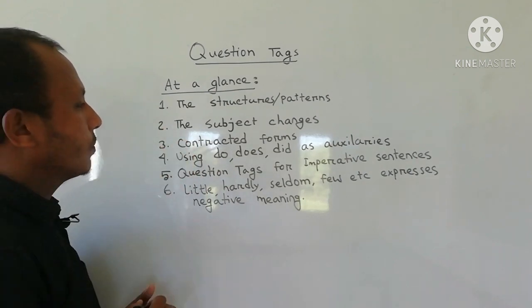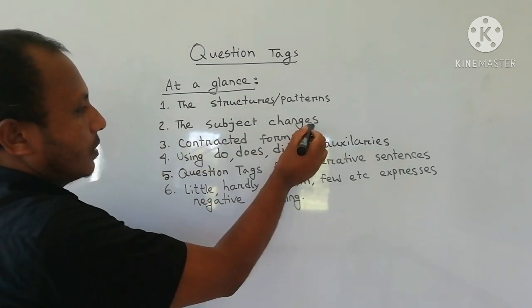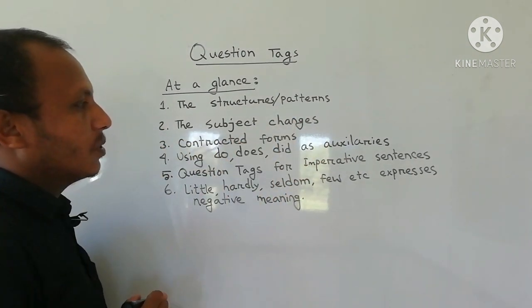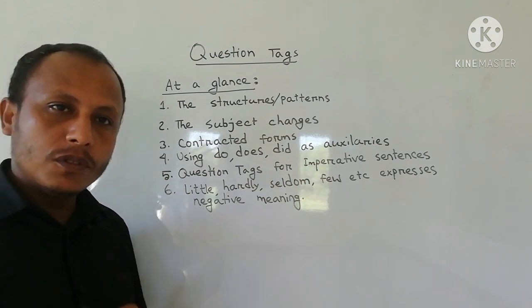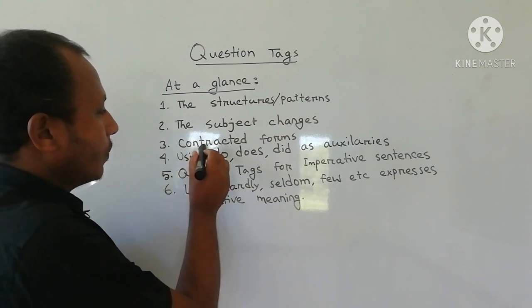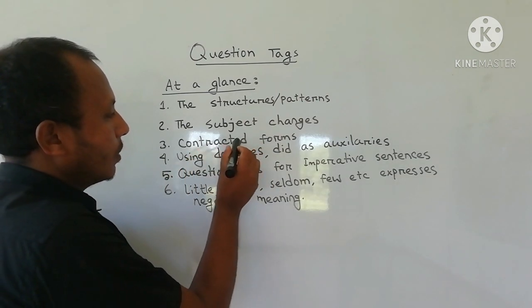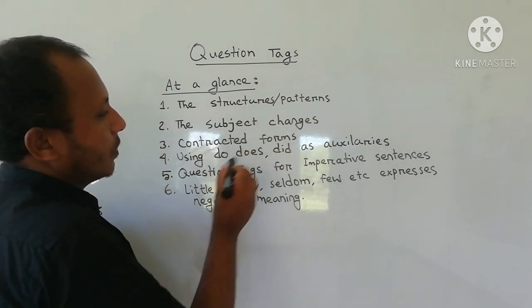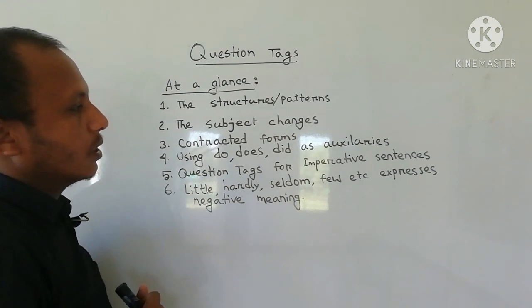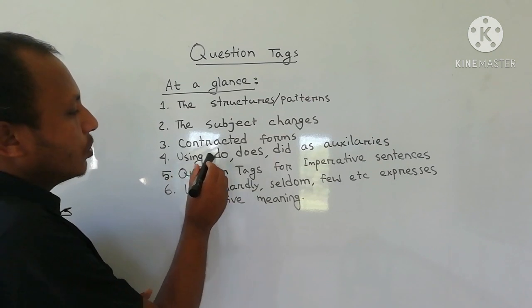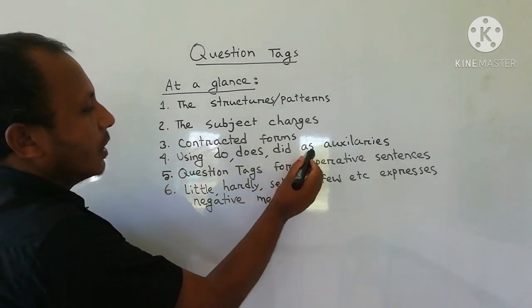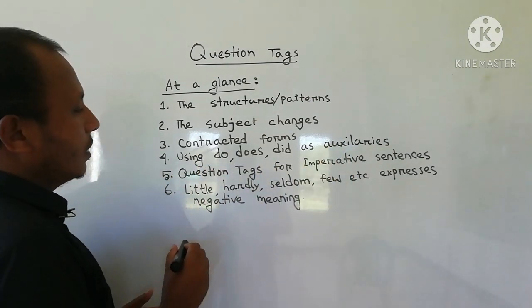Number 2, the subject changes. There are subject changes in question tags. You have to memorize it and you have to know it. Number 3, the contracted forms. There are also some contracted forms. You have to know it also. Number 4, using do, does, did as auxiliaries.